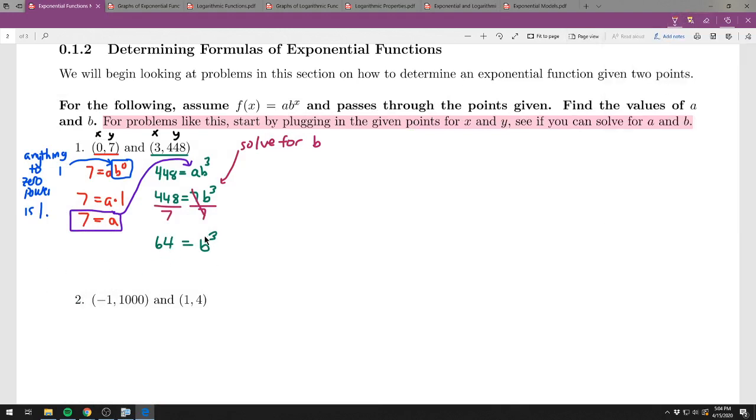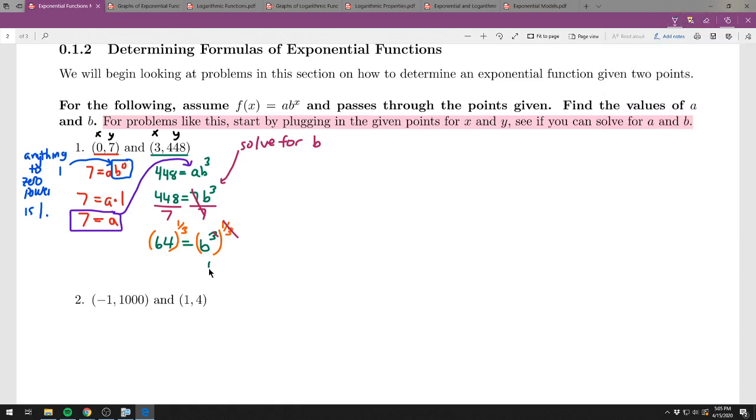And now to go from b cubed to b, you want to knock that power off. I'll remind you of something I did in the last chapter. I'm going to keep doing this. If you want to get rid of a power, you can raise each side to the reciprocal of that power, or 1 over that power. If we raise each side to the 1/3 power, then the 3 and the 1/3 knock each other off here. That's the point.